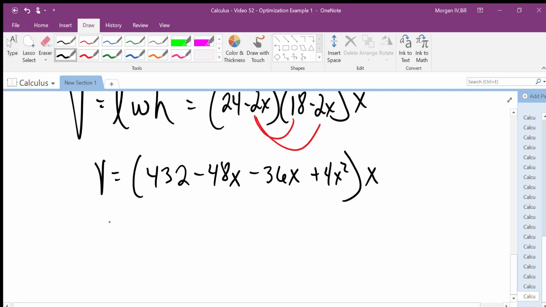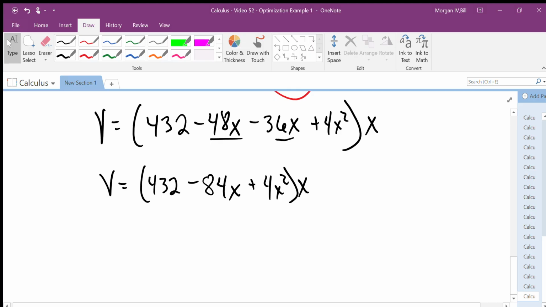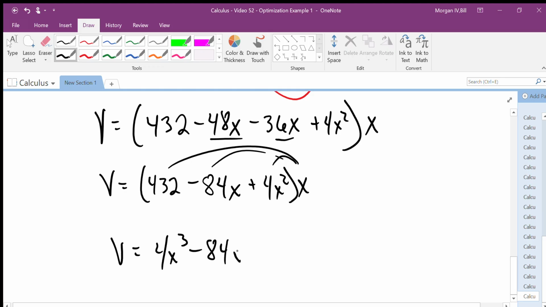So we have volume is equal to 432 minus 84x, putting these two together, plus 4x squared, times x. So volume is equal to, I'm going to rearrange the order here. I'm going to multiply the x by all of these, but then switch the order and call this 4x cubed minus 84x squared plus 432x.